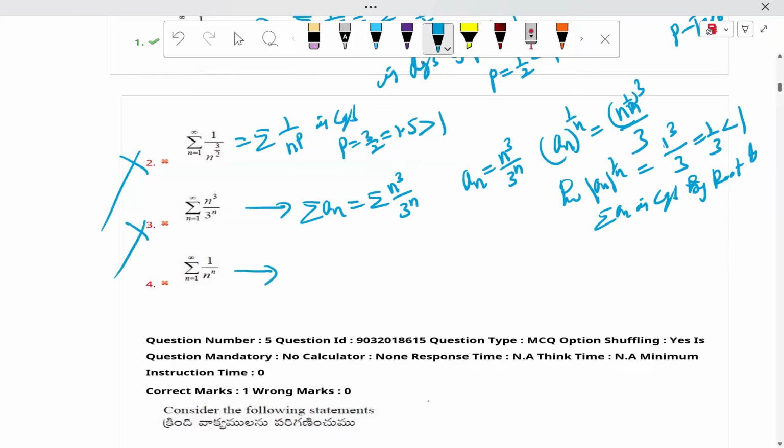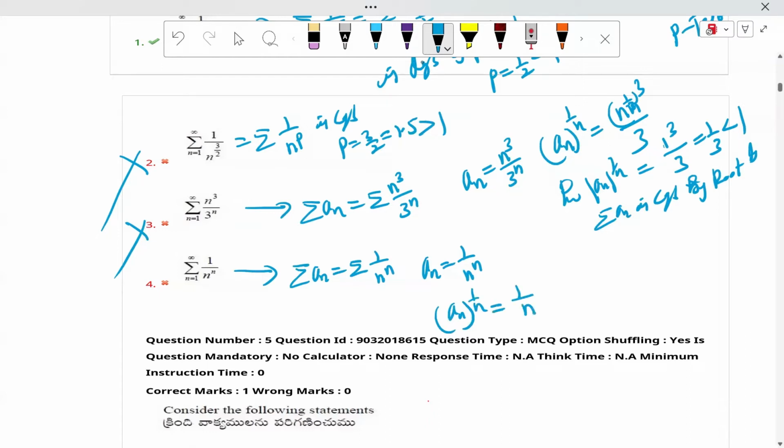Next, another option given in the question: summation an is nothing but summation 1/n^n. Here an is equal to 1 upon n^n. We can utilize the nth root test: (an)^(1/n) is equal to 1 upon n.